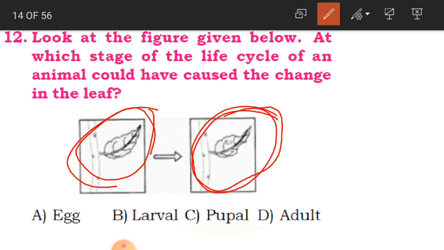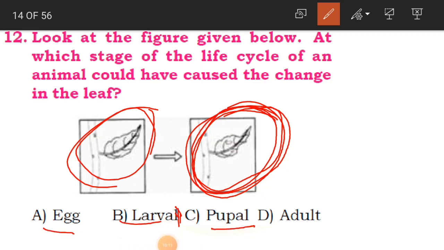At which stage of an animal, when it is going through its life cycle in the reproduction process, can we see this change? Okay, at which stage of the insect's life cycle: whether on egg, when there is an egg laid on the leaf, or when there is larva on the leaf, pupa, and then adult insect.